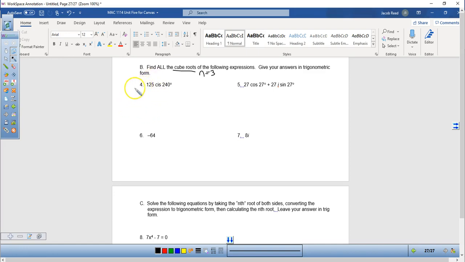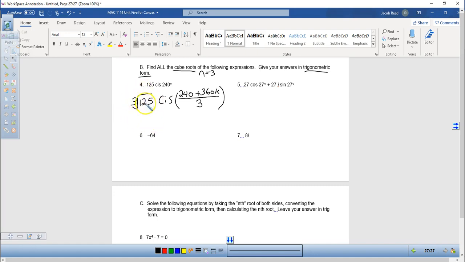So it says if I'm going to cube root this, I cube root r, then I do cosine plus i sine of theta plus 360k divided by that index, which is 3. And we're going to leave these in trig form, so we don't have to go to rectangular form.